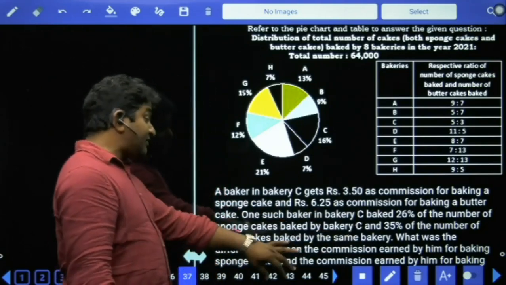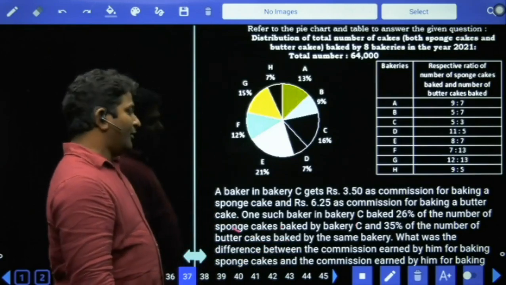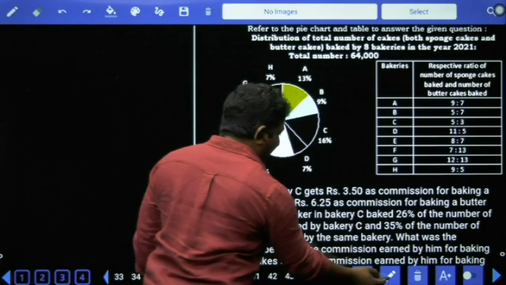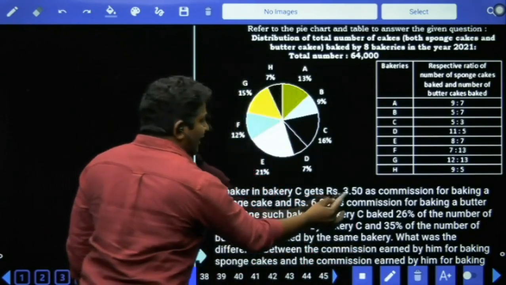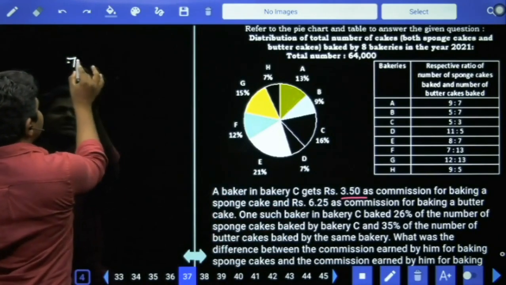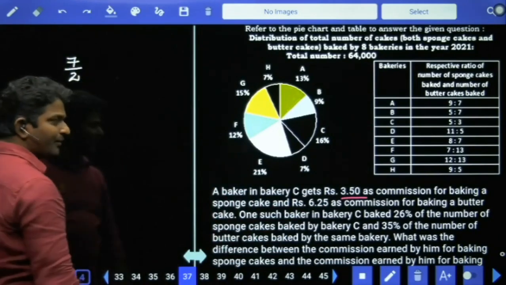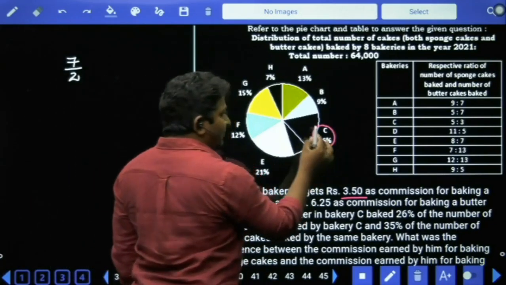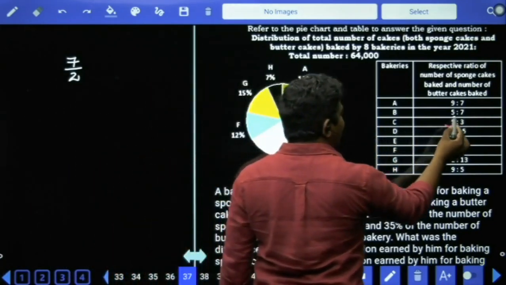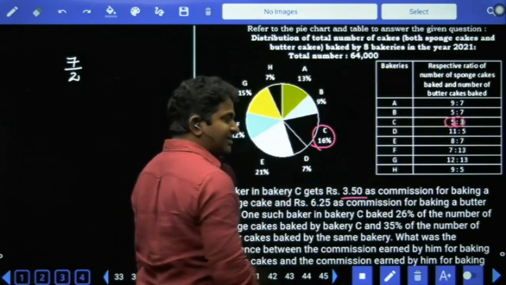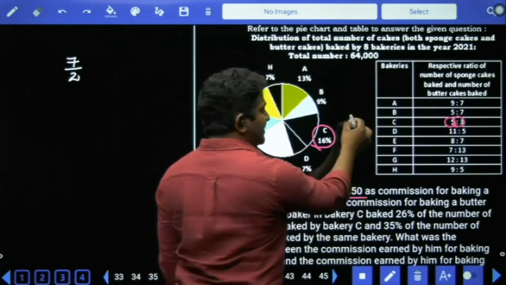What was the difference between commission earned by him for baking sponge cakes and commission earned by him for baking butter cakes? Right. So 3.5 rupees commission he is getting. 3.5 can be written as 7 by 2 rupees for baking sponge cakes. So in C, sponge cakes and butter cakes are in the respective ratio 5:3. 8 parts is equal to 16%. 1 part is equal to 2.